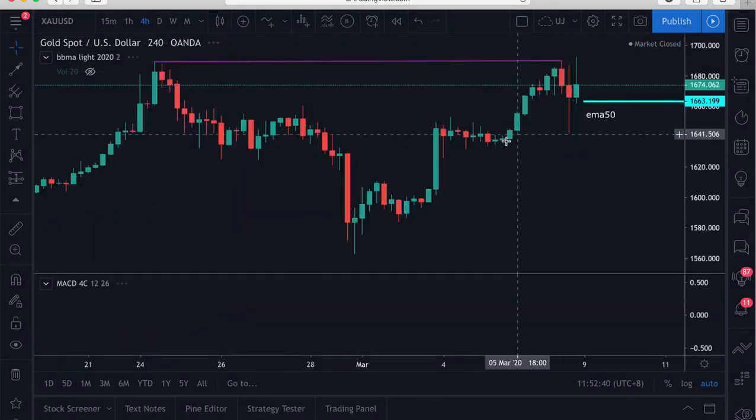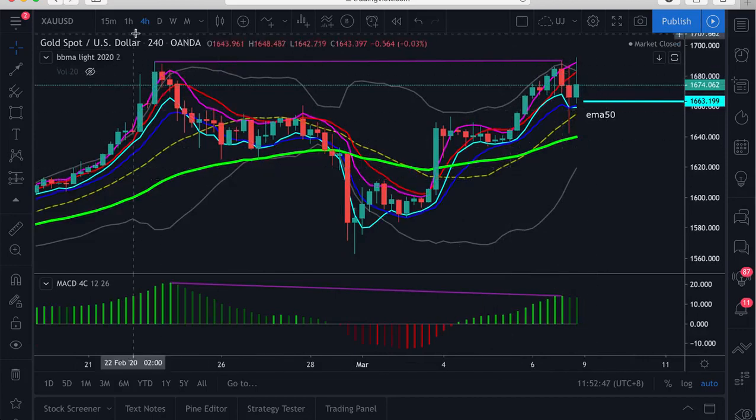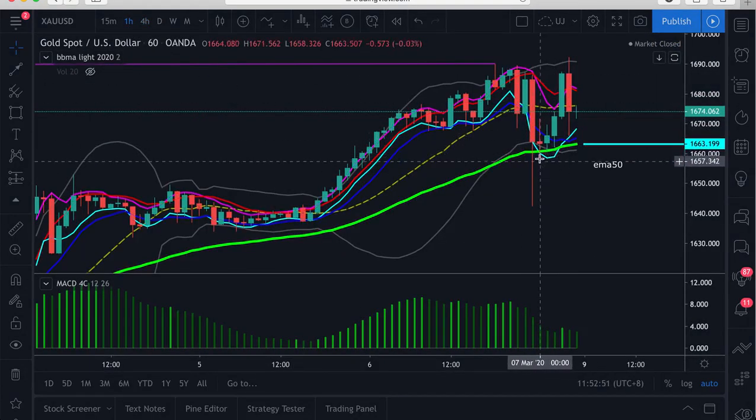And if we look at the H4, it's only making MHV. There's no CSM yet. Same with H1. Although the price is going down here, there's no CSM.